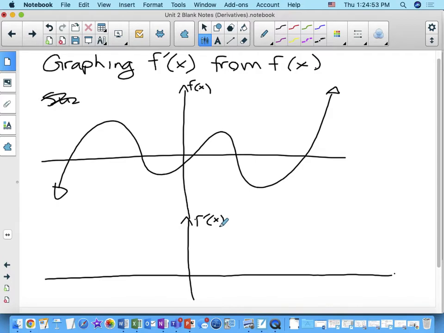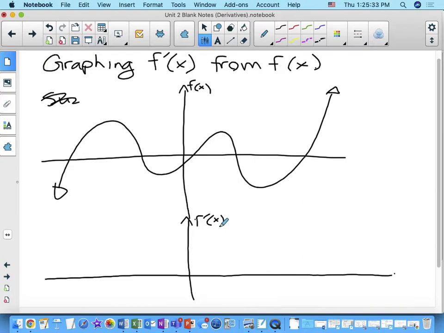So when I'm doing this, the first thing I look for is, if I were to draw some tangent lines in, where could I draw horizontal tangent lines? In what locations on the graph of f of x could I draw horizontal tangent lines? Yeah, the max and mins, right?